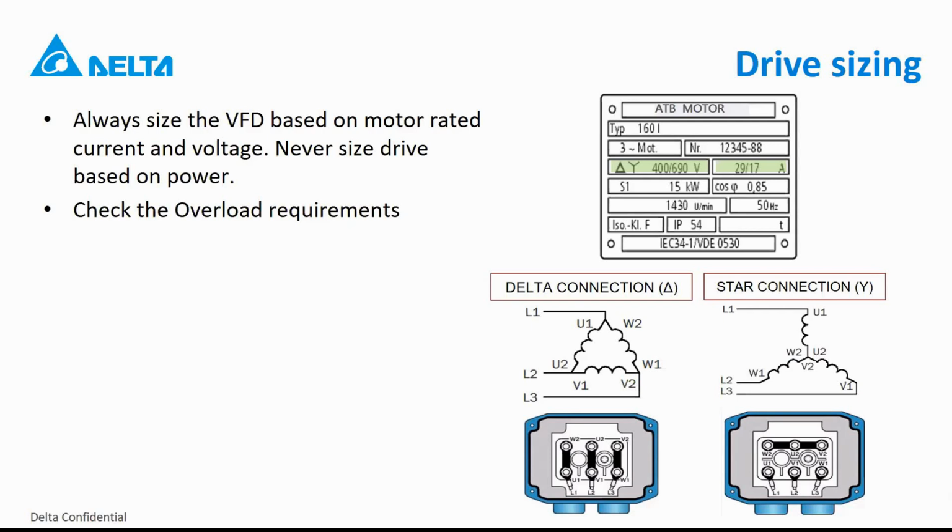Sometimes you need 180% or even 200% overload if you are working with a crane or an elevator. So in those cases, if you size the wrong drive, then it can happen that you just get an overcurrent fault, because the drive will not be able to deliver the overload that the application requires.